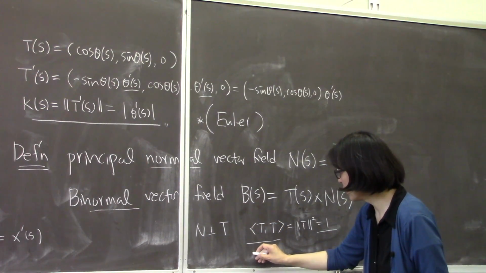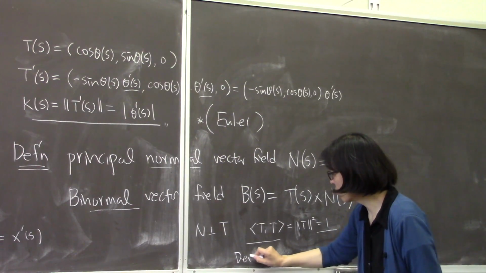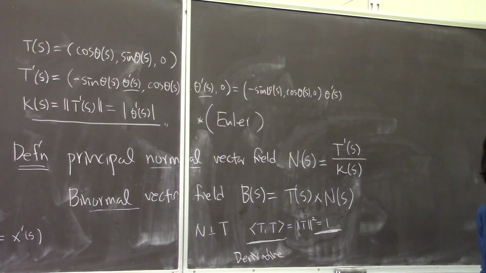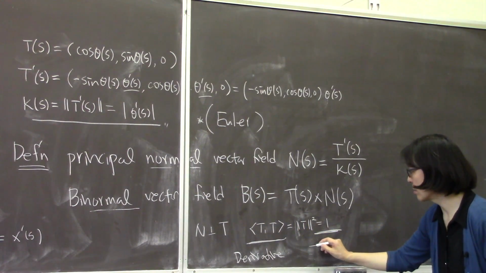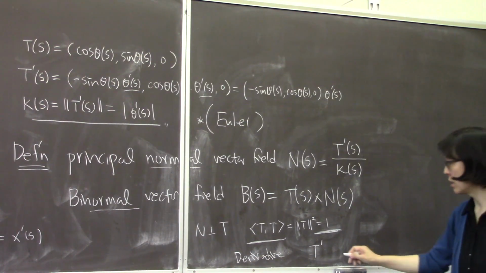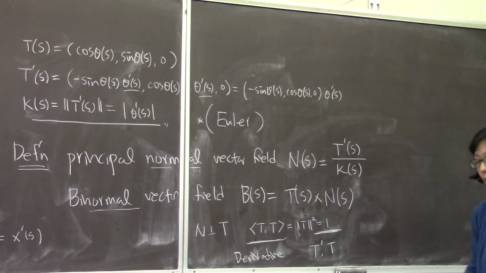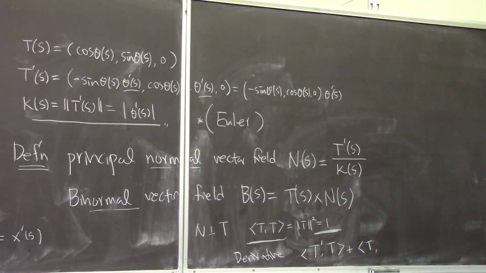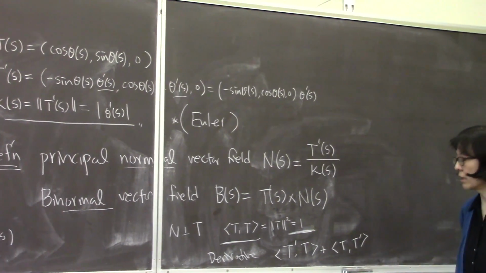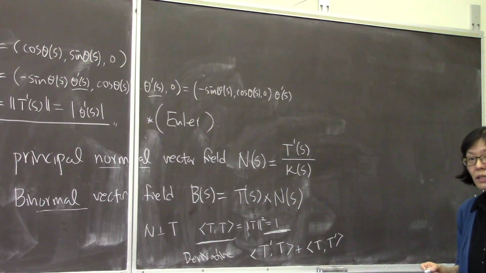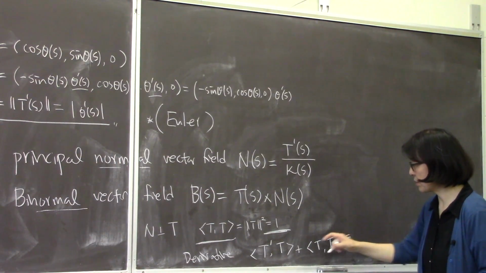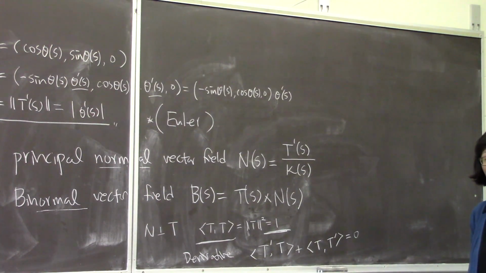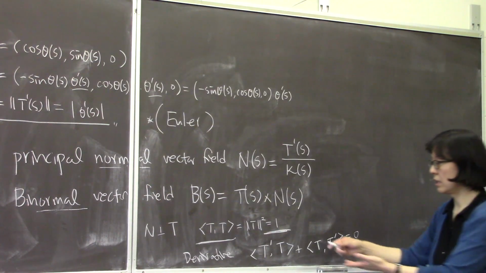So take the derivative: the derivative of the first, leave the second the same, plus leave the first the same, take the derivative of the second. Then what is the derivative of 1? That is 0.